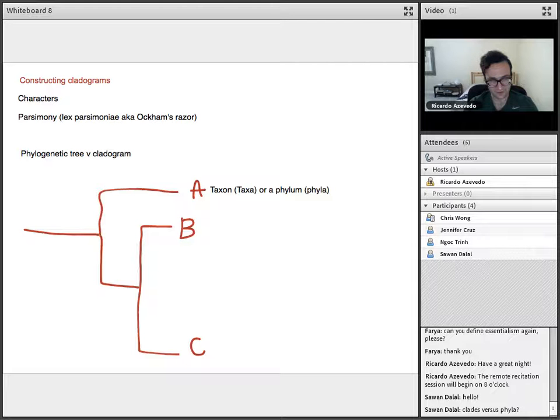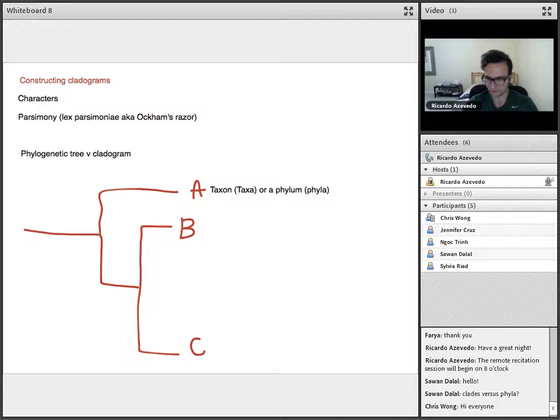Those just refer to any node in this tree is a taxon. It can be a group, it can be a genus, can be species, what have you. You can have a tree of life where you just simply show the domains of life, eukaryotes, prokaryotes, etc. So we can arrange these taxa or these phyla according to their relationship.